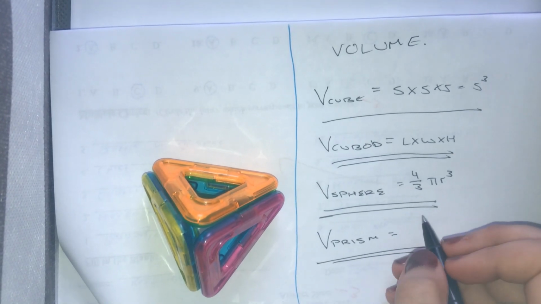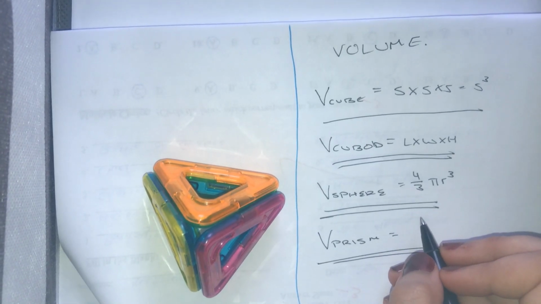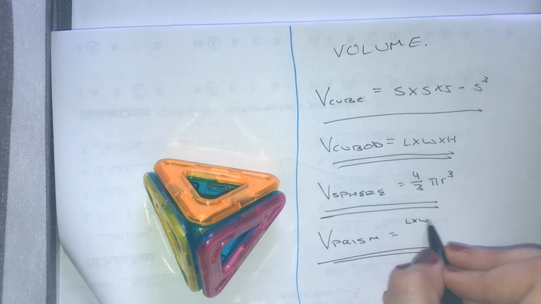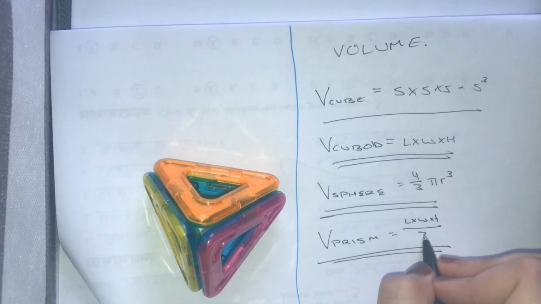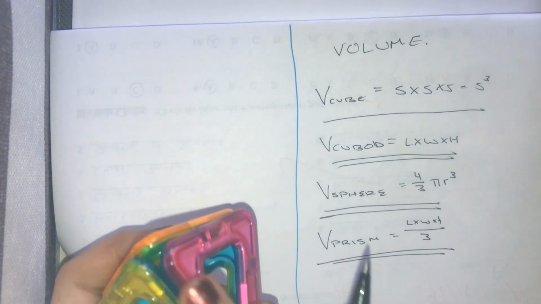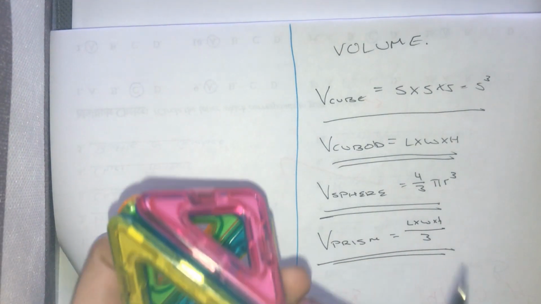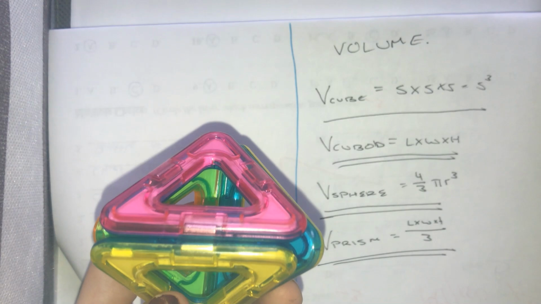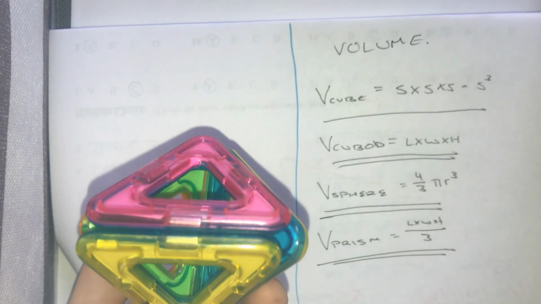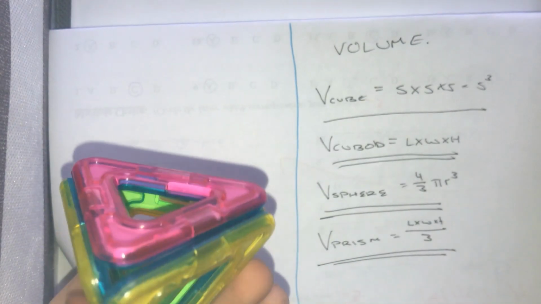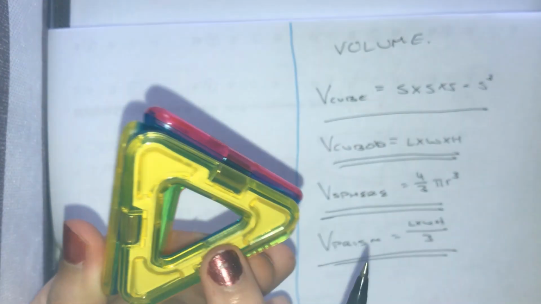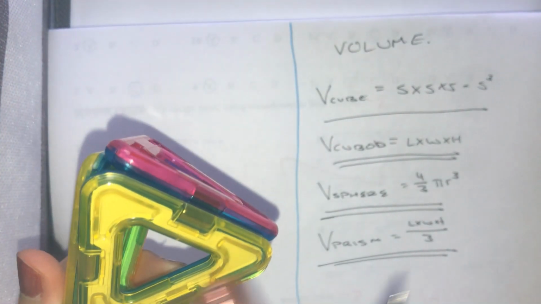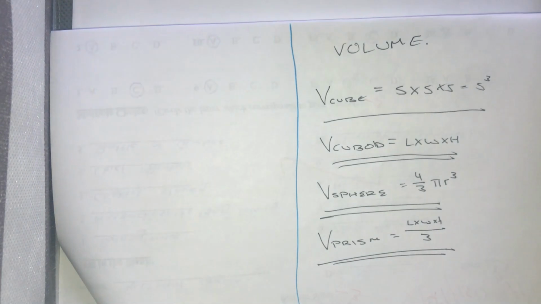So the volume is found by multiplying length times width times height over 3. This is the length, this is the width, and this is the height. How tall is the prism? The length and the width.